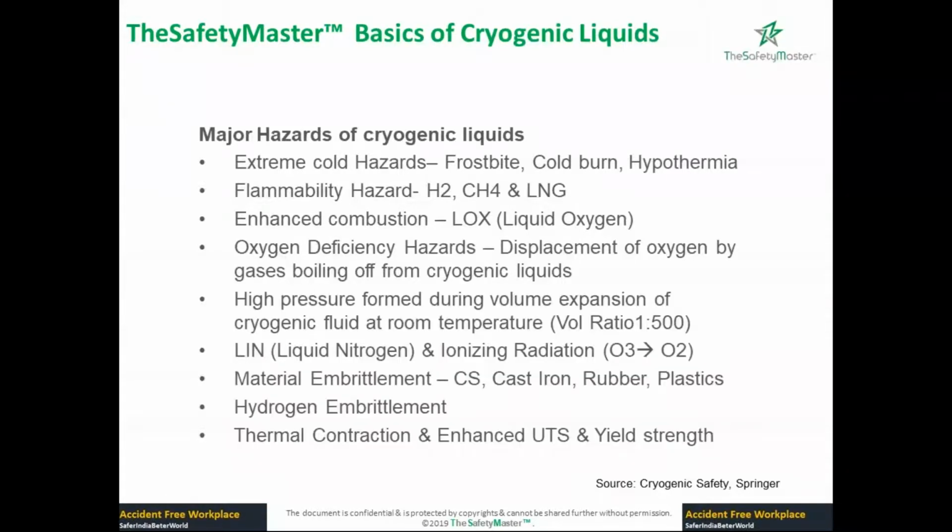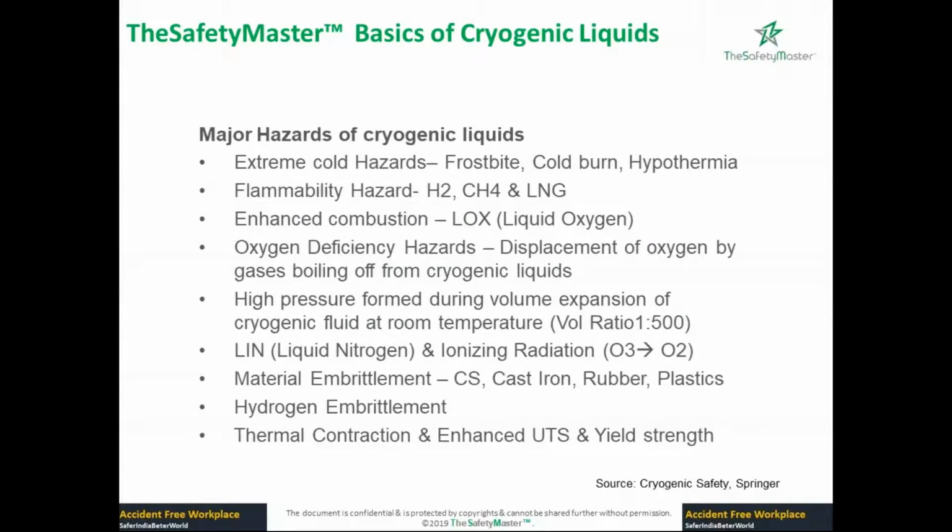If you're using a plastic container to transfer liquid nitrogen, it will break. If you're using rubber as a gasket, or in any of this cryogenic equipment, it's going to break. Similarly, cast iron and carbon steel, all these materials result in embrittlement.